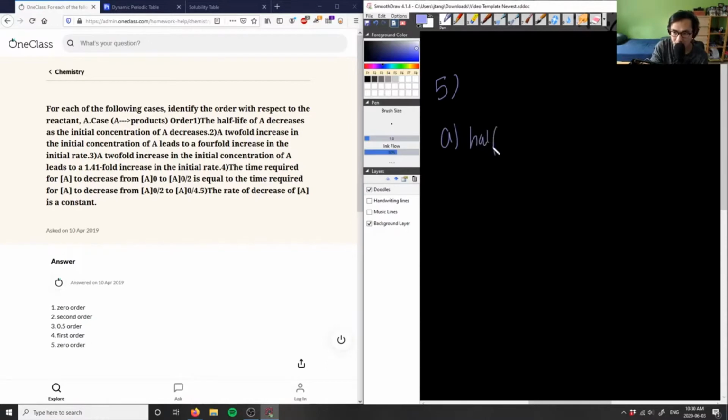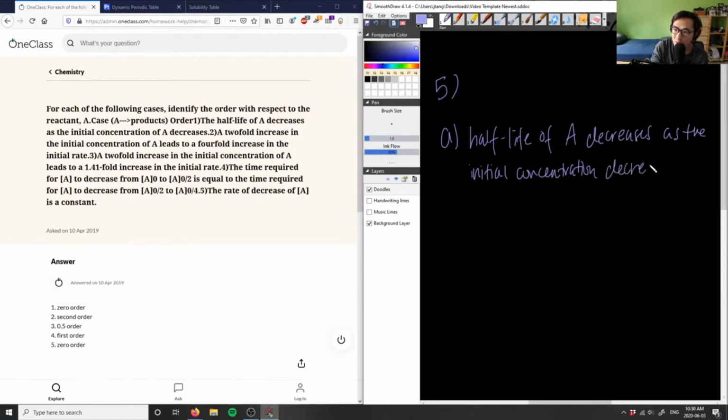So half-life of A decreases as the initial concentration decreases.